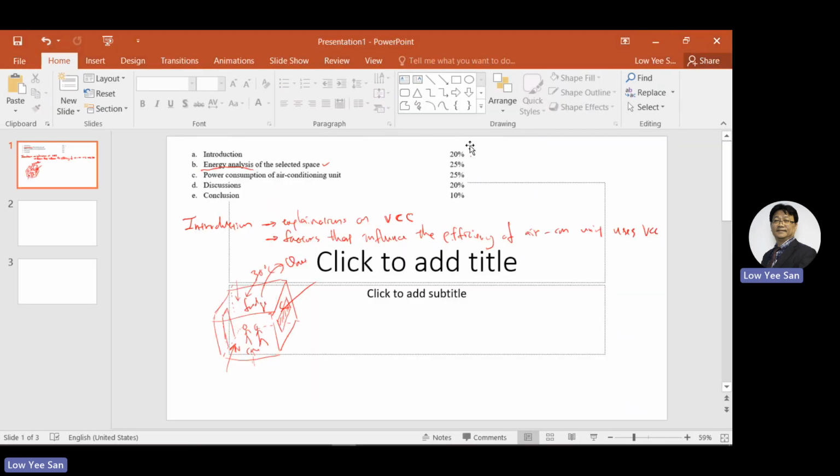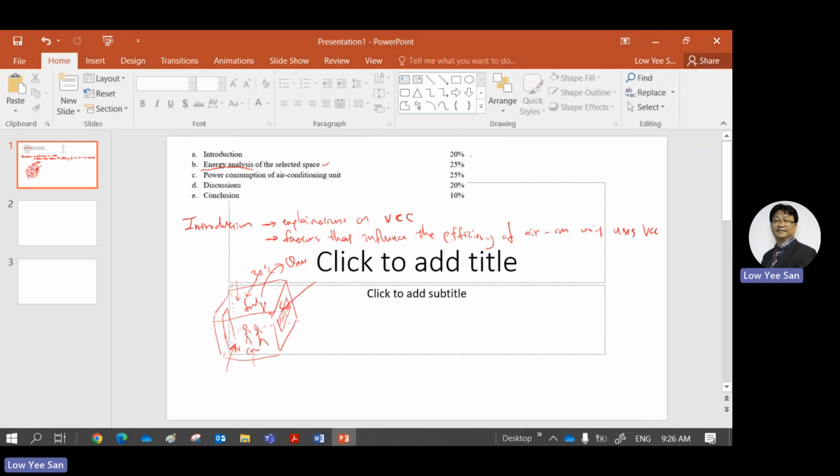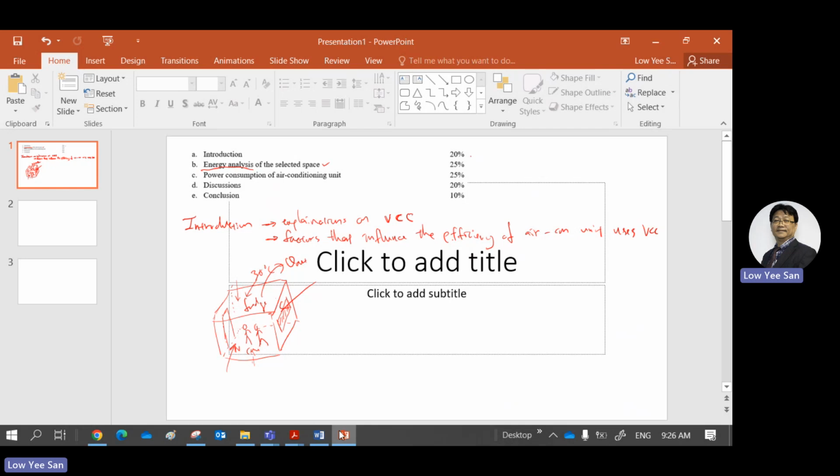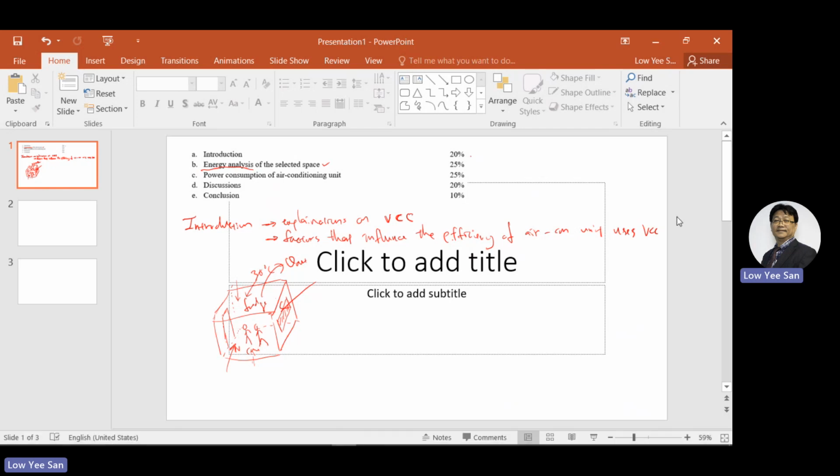Okay, any question? You need time to go through, so I believe you should do it as soon as possible. That's why even though we haven't covered the heat transfer, I feel that you should get this assignment and start working on it.